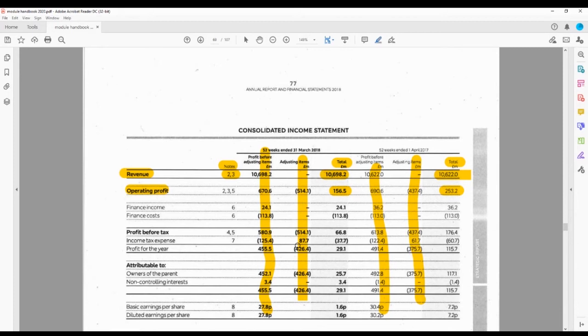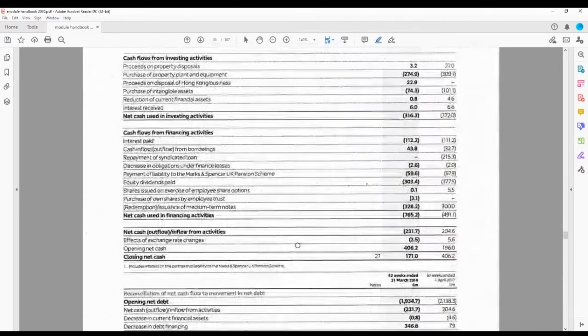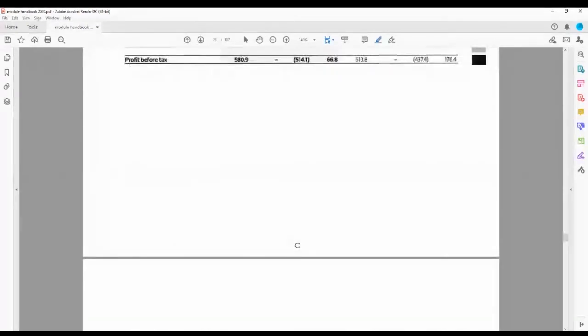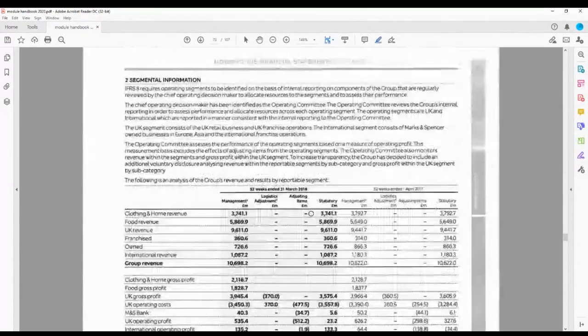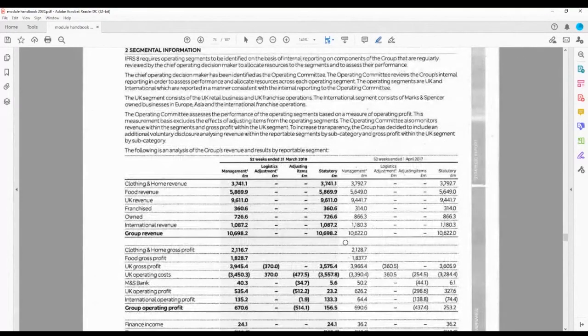So going to our notes 2 and 3, page down, note 2. So I just saw note 2 here. This explains the revenues, how the revenues were generated, what were the different departments of Marks and Spencer, and so on.